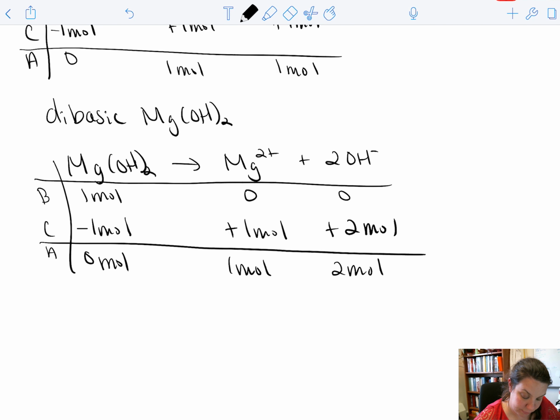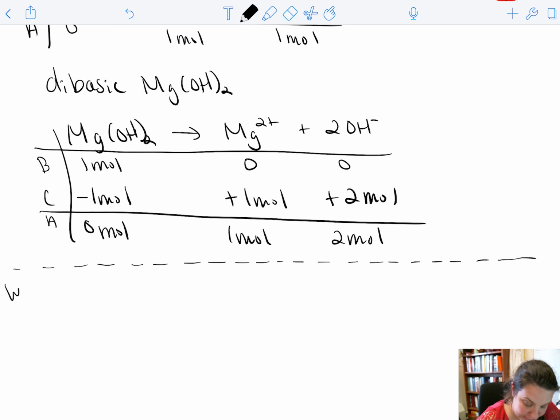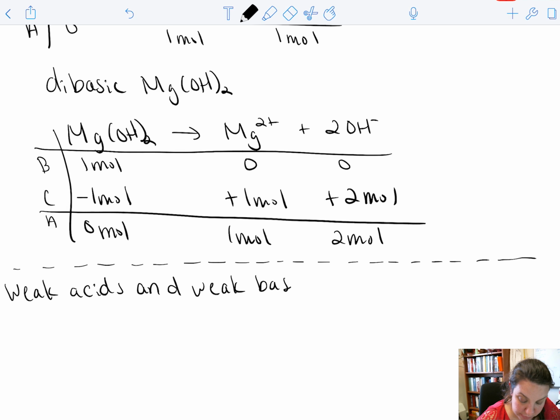So we're going to move on from strong acids and strong bases into weak acids and weak bases. So we would say with a weak acid and a weak base, we have an equilibrium process for our dissociation.